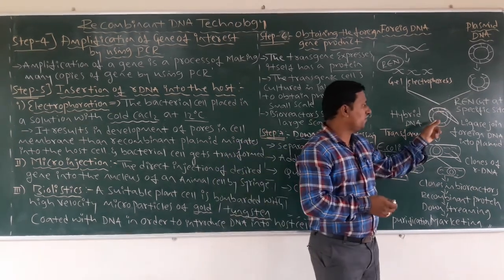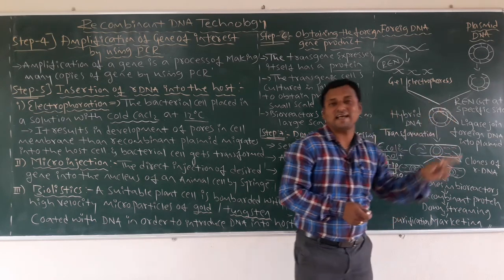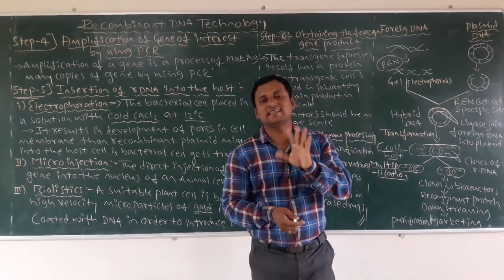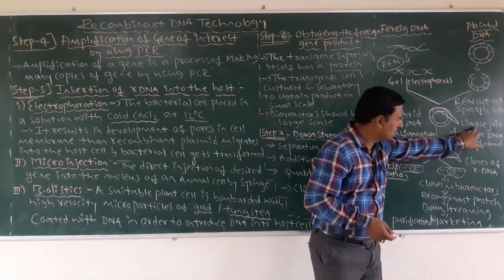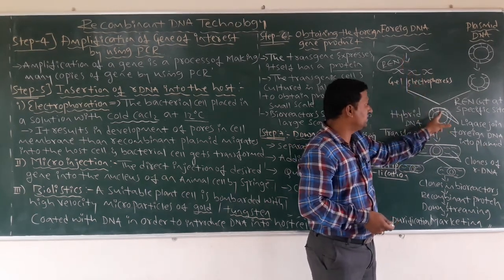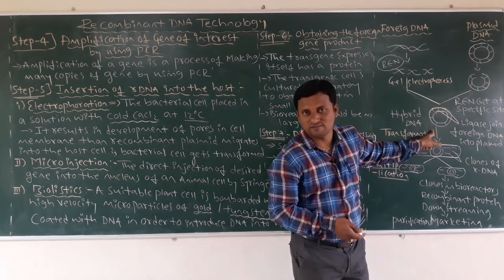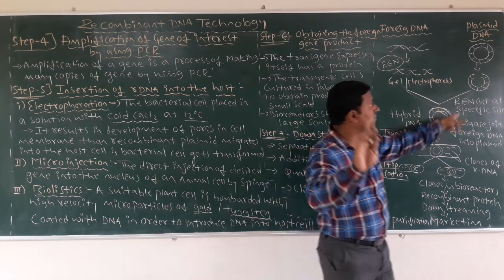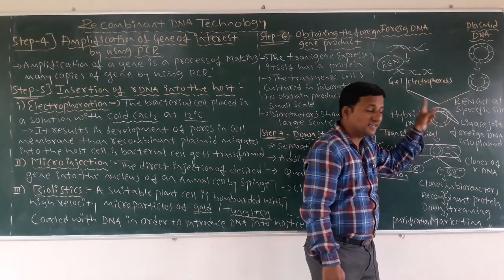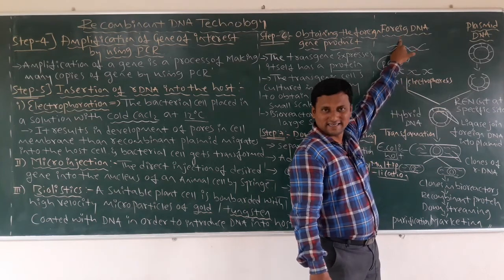When combined, the hybrid DNA molecule forms, and the broken strands of both the foreign DNA and plasmid are joined by an enzyme. That enzyme is called DNA ligase. The ligase joins the foreign DNA fragments into the plasmid. Then this whole plasmid becomes a recombinant form, not the original form. The original form of the plasmid looks like this, but this is the recombinant, because the insertion of foreign DNA fragments has taken place.